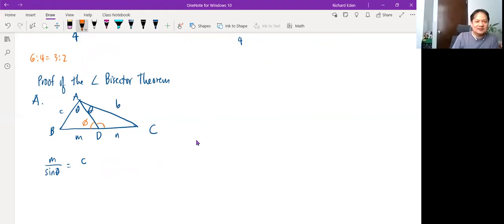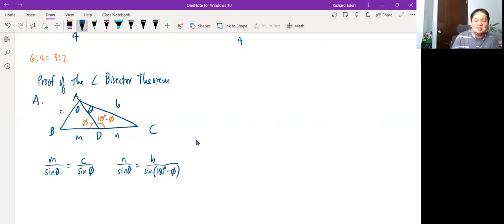The supplement of phi, or 180 minus phi. All right. So from triangle BAD, M over sine theta equals C over sine of phi. From triangle CAD, N over sine theta equals B over sine of 180 degrees minus phi.